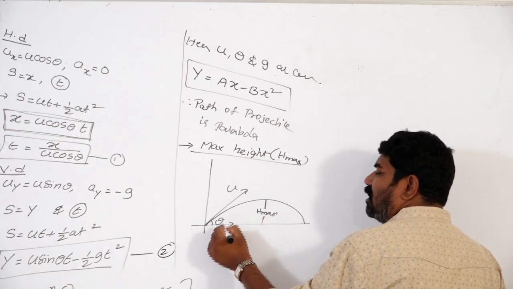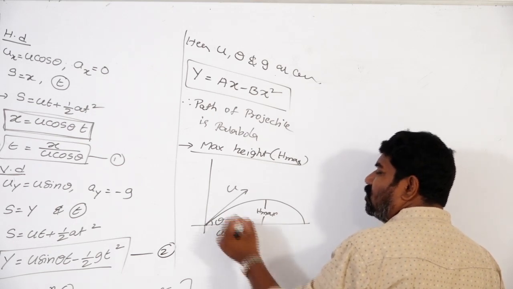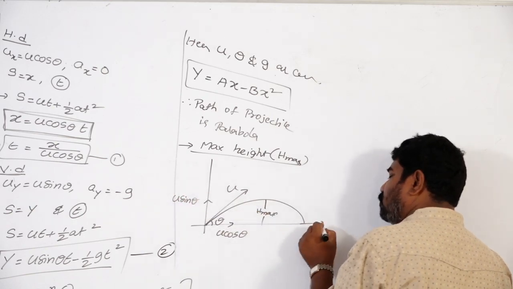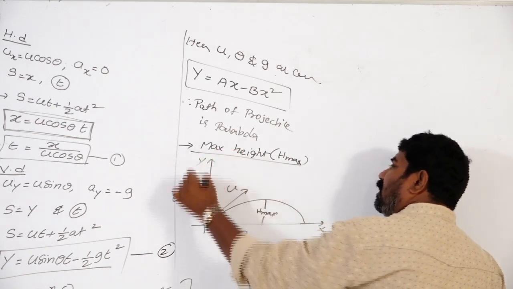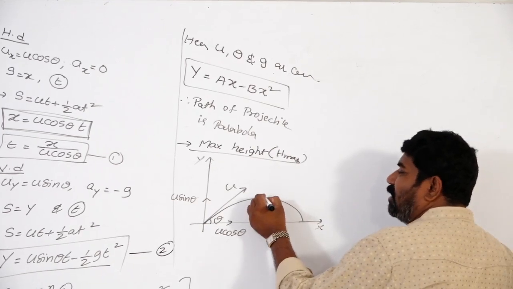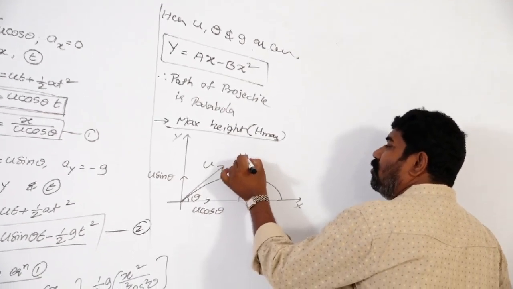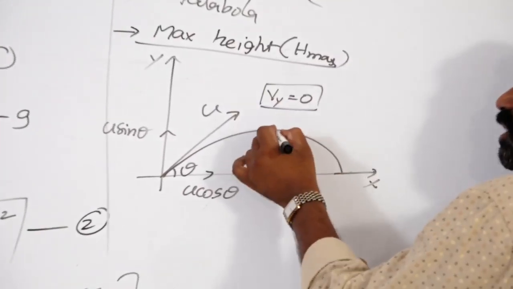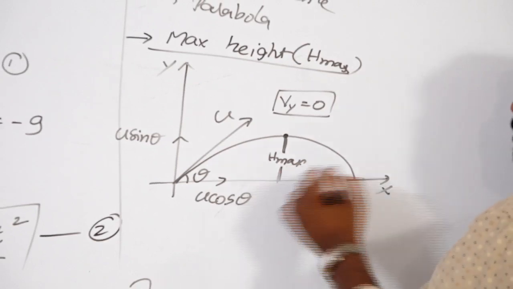The initial velocity is resolved into two rectangular components, u cos θ and u sin θ. The maximum height is the height reached by the projectile at which the vertical component of velocity is equal to 0.